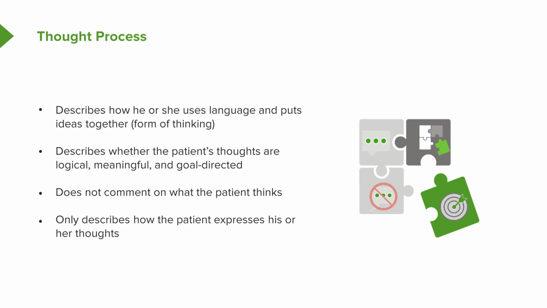So the thought process describes how your patient uses language and puts ideas together. It describes whether the patient's thoughts are logical, meaningful, or whether or not they are goal directed. The thought process does not comment on what the patient thinks. It only describes how the patient expresses his or her thoughts.